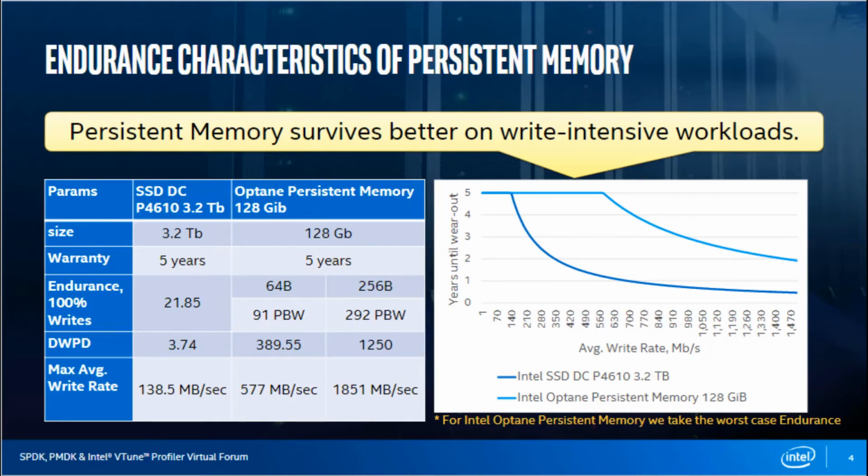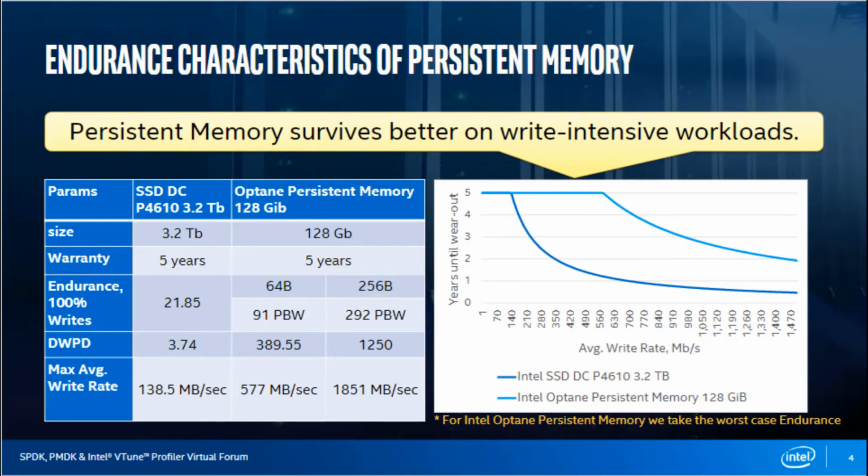So for this particular example, the endurance for the SSD is 21.85 petabytes. We need to divide this by the capacity and by the warranty period, 5 years and 365 days. Then we will receive the disk writes per day.